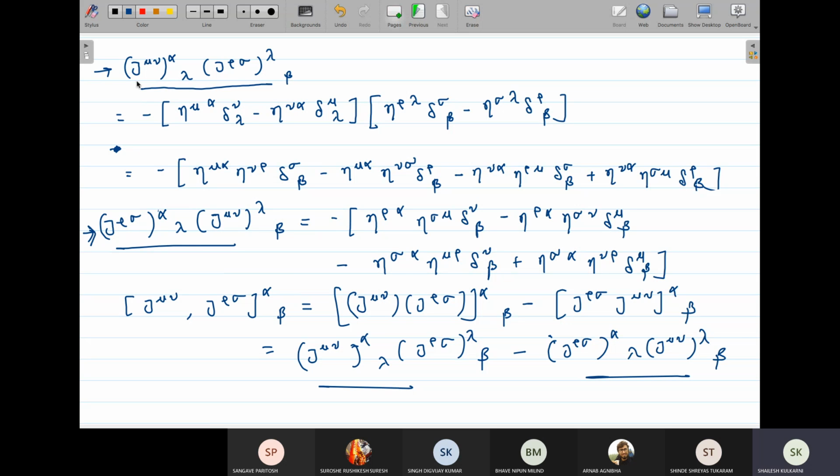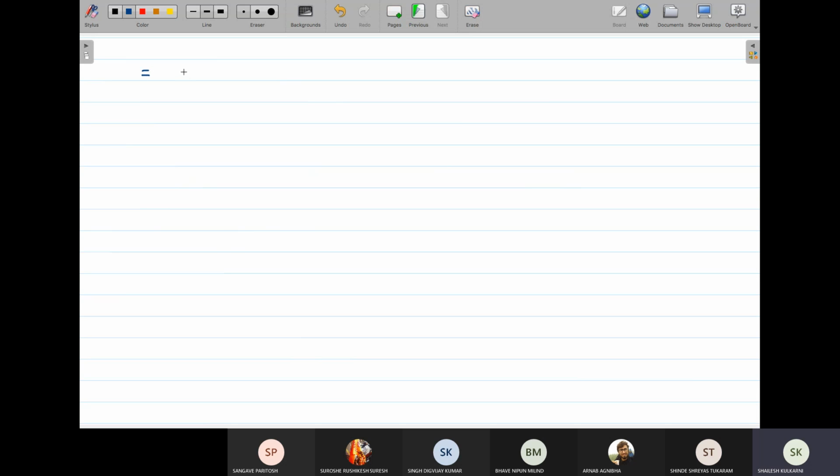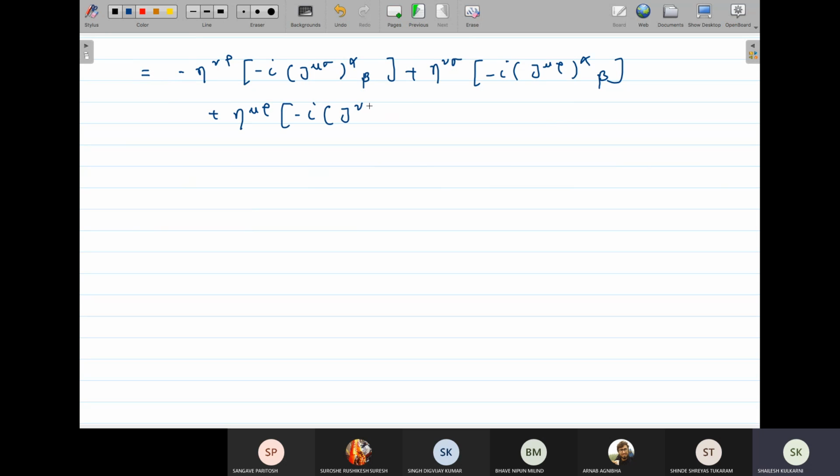So if you do that, you will get the result. Okay, so this commutator will be i times, what you will get is minus eta nu rho minus i times j mu sigma alpha beta, plus eta nu sigma minus i times j mu rho alpha beta, plus eta mu rho minus i j nu sigma alpha beta, minus eta mu sigma minus i times j nu rho alpha beta.